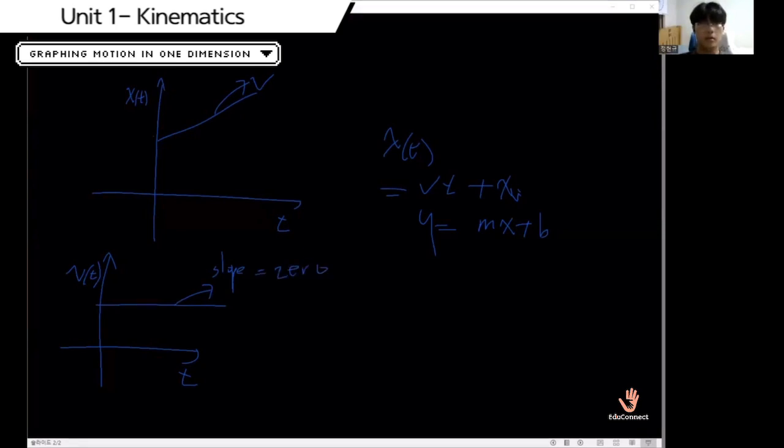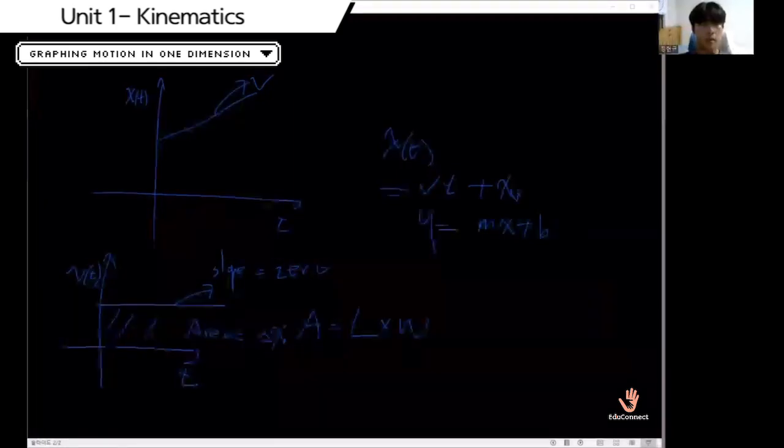The area under the curve on our velocity time graph corresponds to the change in position. Note that since our curve is a flat line, the area under the curve forms a rectangle. The formula for the area of a rectangle is length times width.